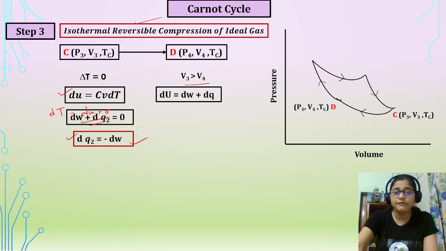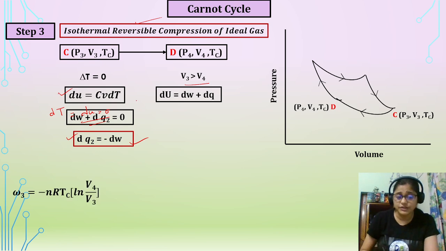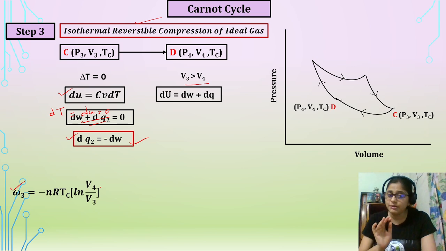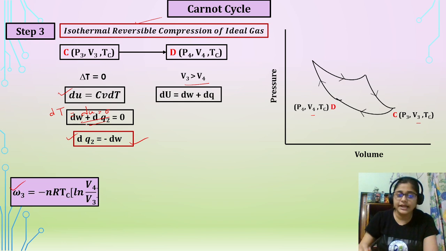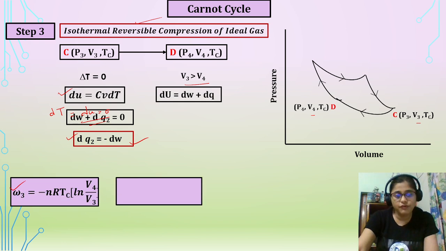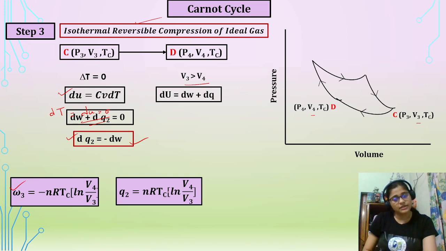And for the isothermal reversible case, we know W will be minus nRT ln V final by V initial, and here minus nR Tc, the temperature now, ln V4 by V3, as V4 is the final and V3 is the initial volume. It will be like this, and Q will be negative of this. So here the negative sign was there, and it will now be just positive.